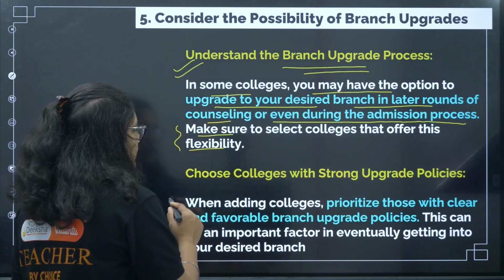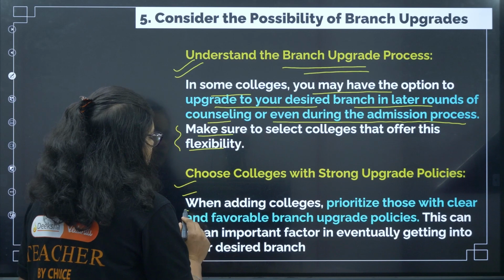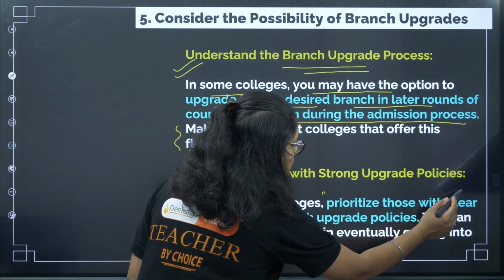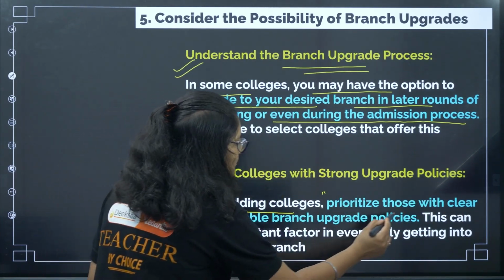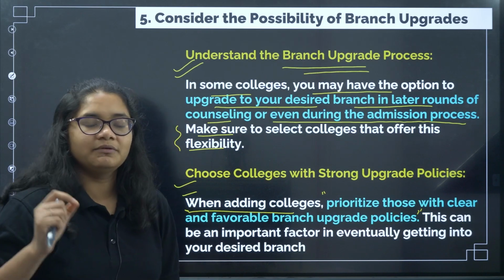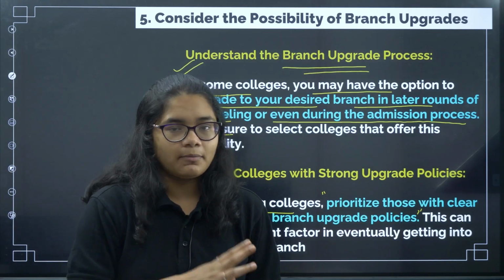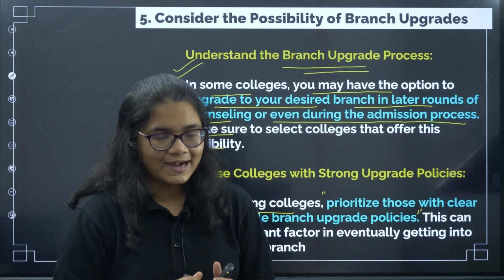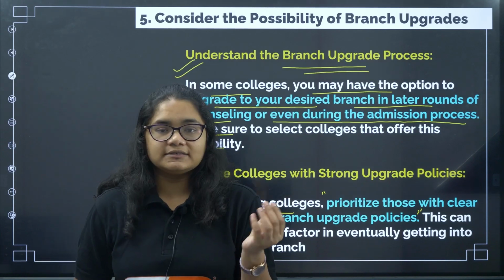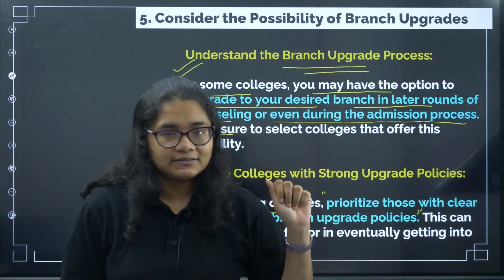Next, choose colleges with strong upgrade policies. The same thing here. When adding colleges, prioritize those colleges with clear and favorable branch upgrade policies. You should be very clear and confirmed about this. If you are not sure, then do not add it, but you can talk to your seniors and the students who are already studying there.